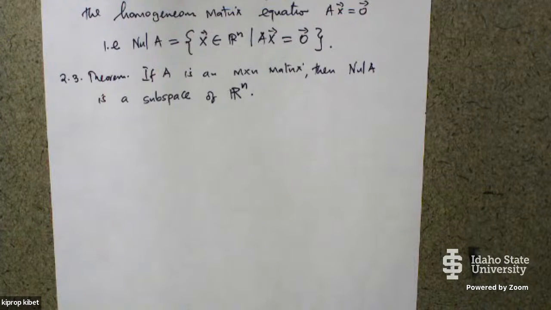The null space of an M by N matrix is the set of solutions of the homogeneous linear equation, so what you get in X are the solutions of the null space.